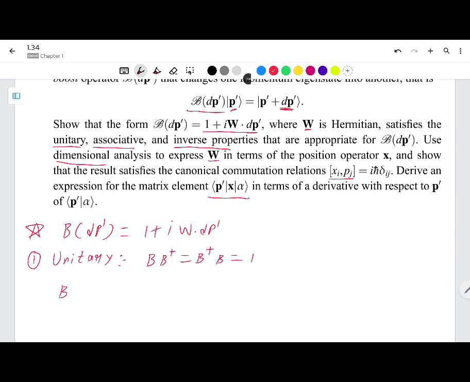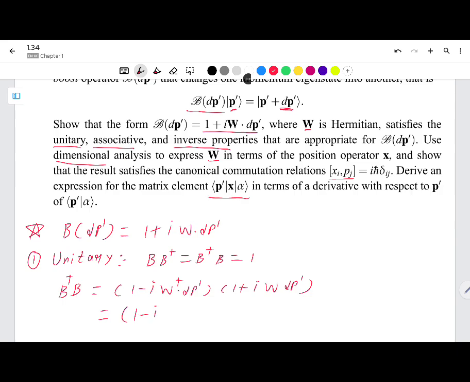So if we look at B dagger B, it gives us 1 minus i W dagger dp prime times 1 plus i W dp prime.